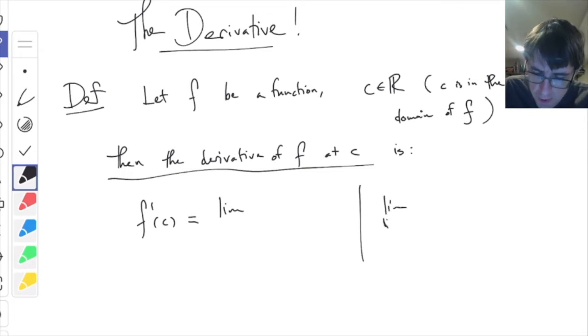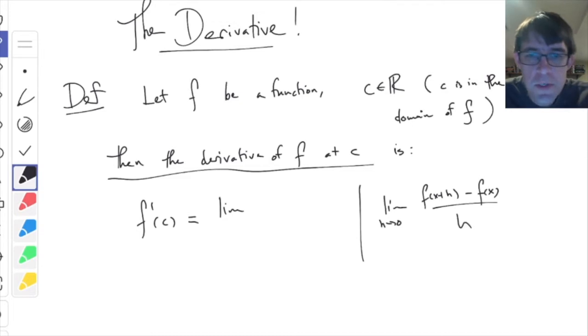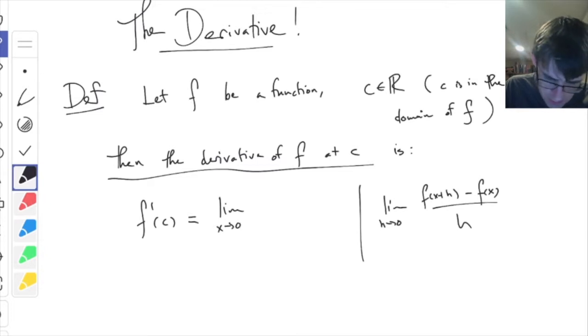This is not what our book uses as the definition, but they say limit as h approaches 0 of f of x plus h minus f of x over h. This is the definition which I most commonly use, like when I teach calculus. It is equivalent to this other one that I'm going to write on the left side, and this is the definition that our book uses. Limit as x goes to c of f of x minus f of c divided by x minus c.